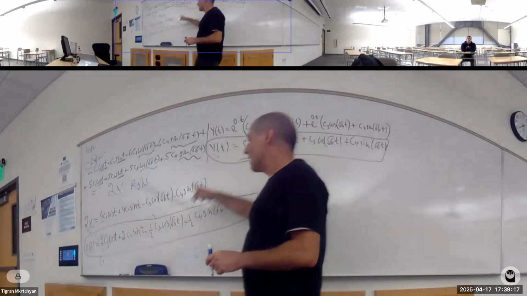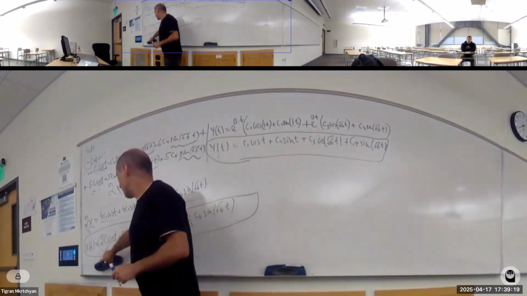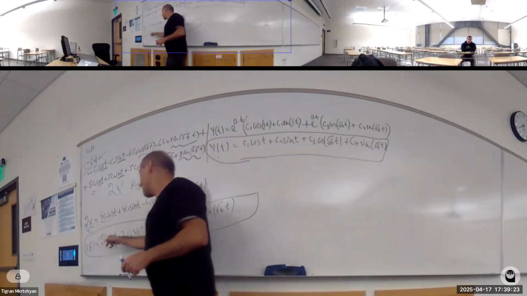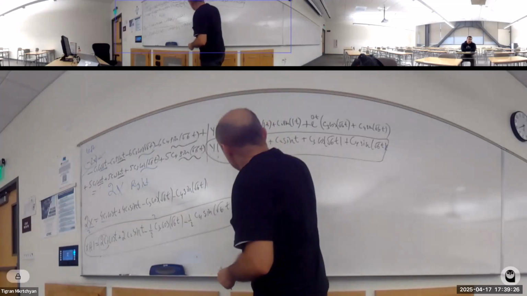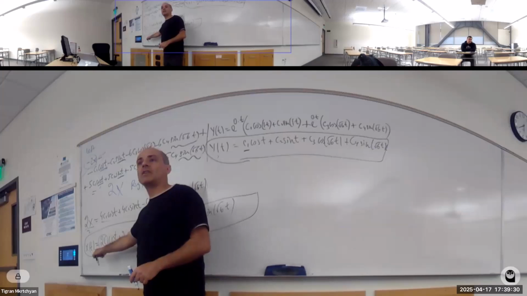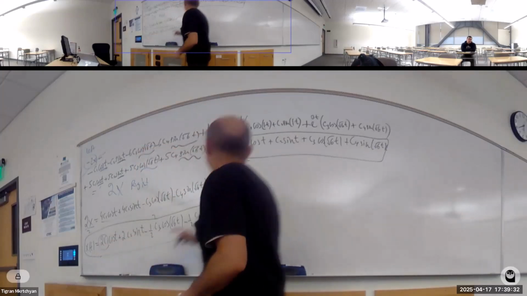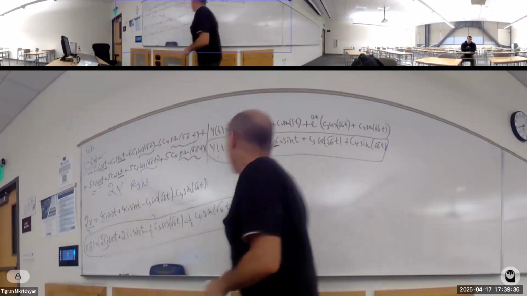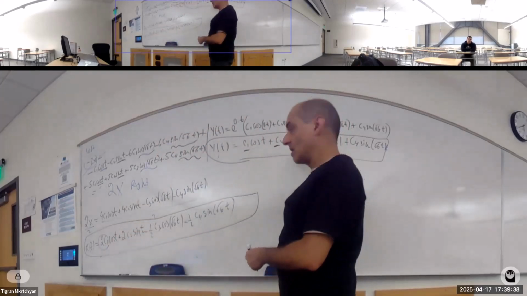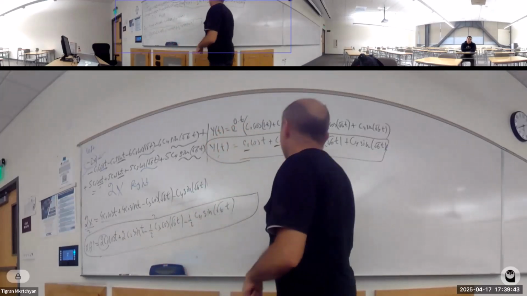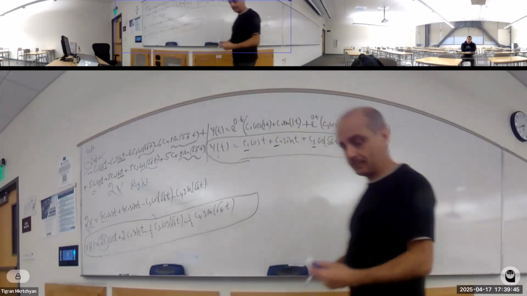Whatever number this is, it is double of that. Whatever number, this could be anything, but this should be half of that. That's the idea. Questions?